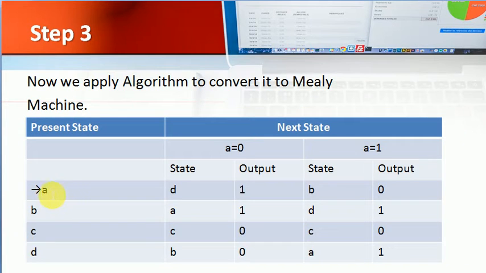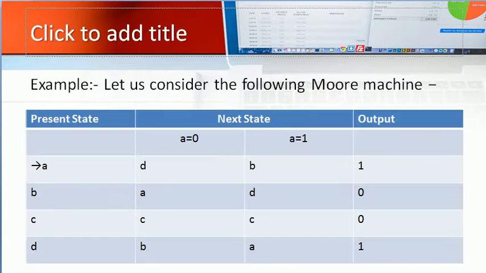Same here, A on giving the input 1 moves to B. Once again, on giving the input 1 on A, we move to state B, and we see that the output of B is 0.